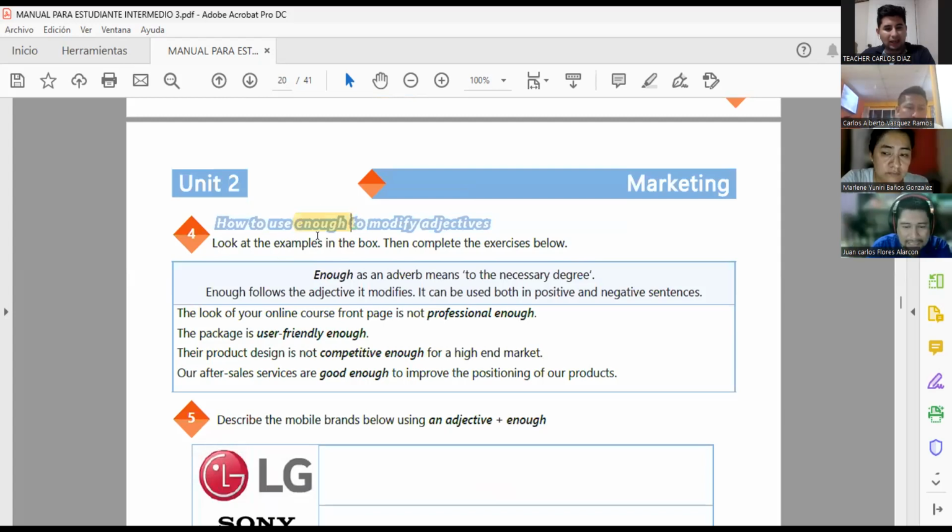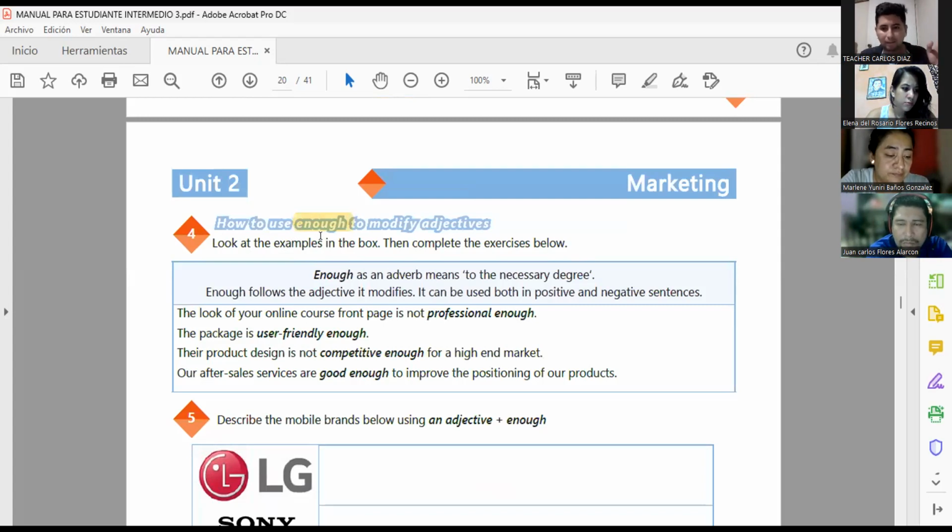Release. Enough. Listen, there are 2 possible pronunciations. Some people say enough, some people say enough. Personally, I prefer to say enough. Okay? Now, listen, the word enough has different meanings in English.